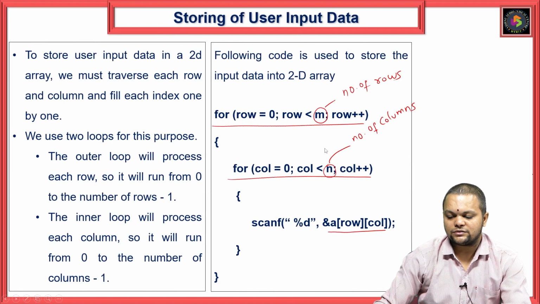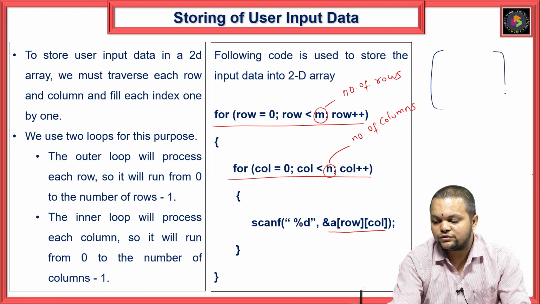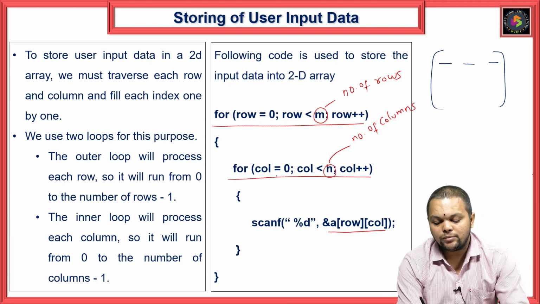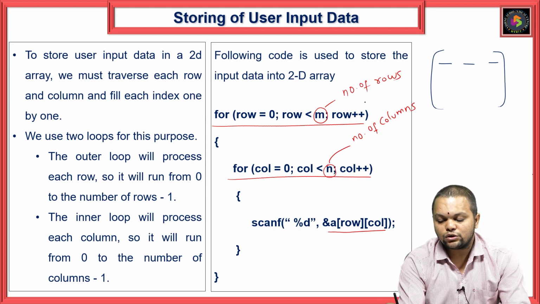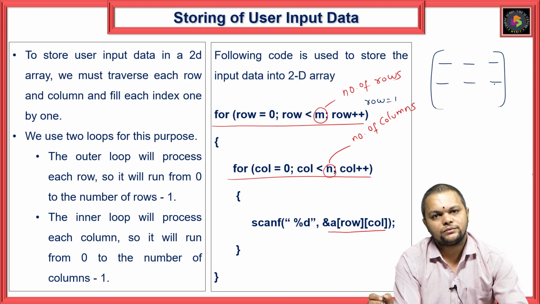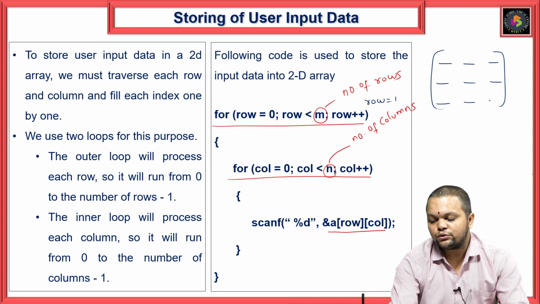We have given the values at these three positions for row 0. In the next iteration row value will become 1 and we are giving the values at positions 1 0, 1 1, 1 2, and in the next iteration row value will increase to 2, we are giving the values for 2 0, 2 1, 2 2.